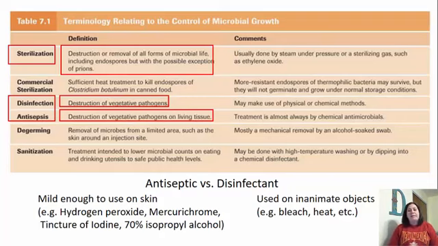On the other hand, a disinfectant is going to be used on inanimate objects. Examples of this are going to be bleach, heat. We'll also look a little bit at commercial sterilization as well as degerming and sanitation, which are all just a little bit different. Some of these types of microbial growth control are better than others.